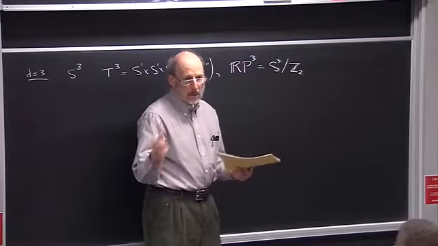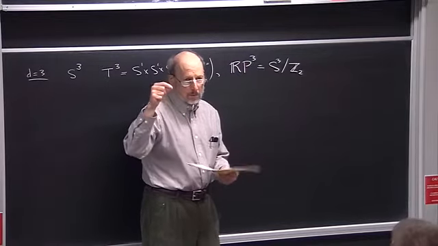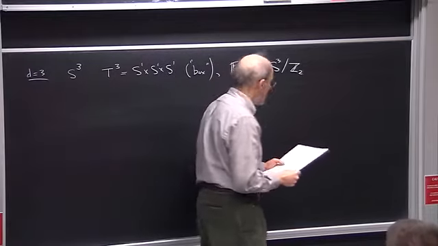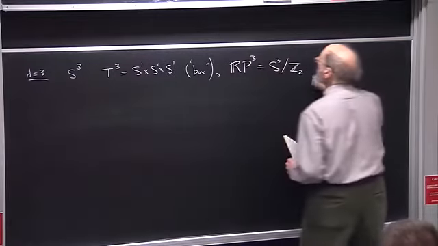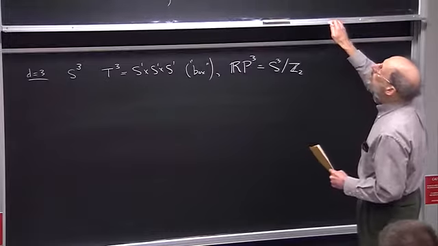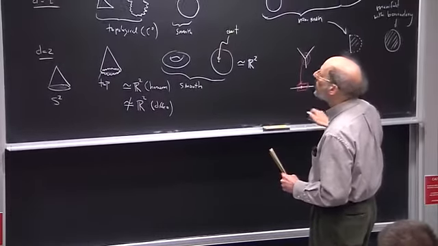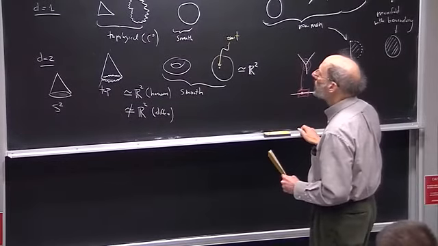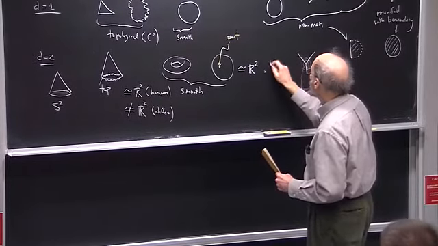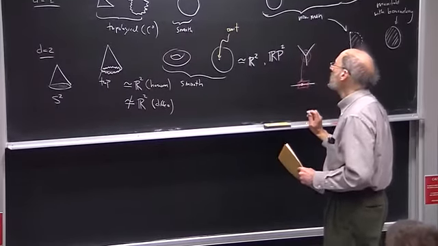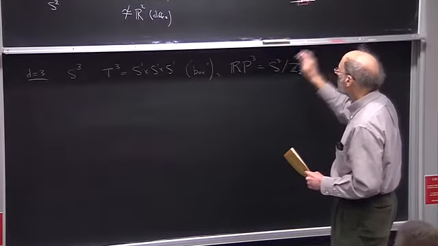But it means we've made some identifications on the three-sphere, namely we've identified antipodally opposite points. An interesting topological fact is that RP2 is not orientable, whereas RP3 is orientable.